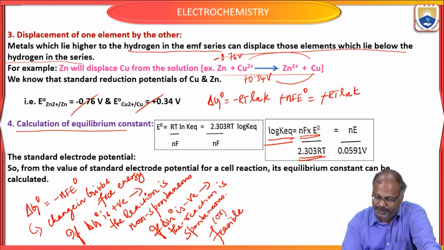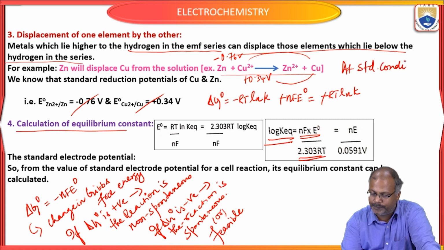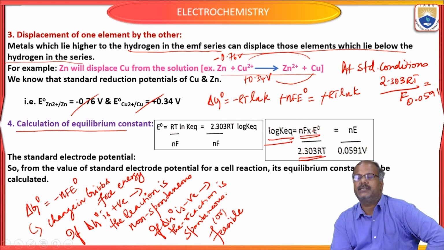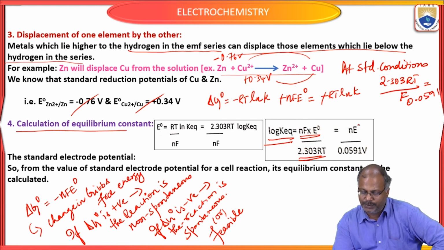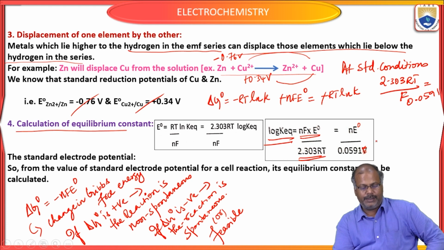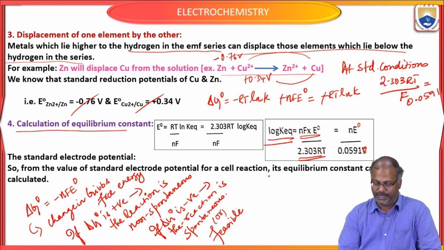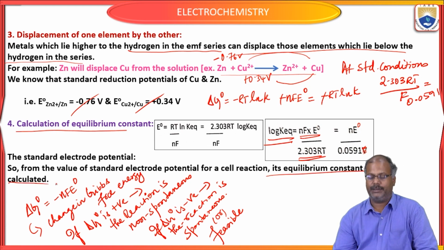At standard conditions, 2.303 RT by F is nothing but 0.0591. n varies according to the reaction system. So log K equals nE naught by 0.0591 volts. From the value of standard electrode potential for a cell reaction, its equilibrium constant can be calculated.